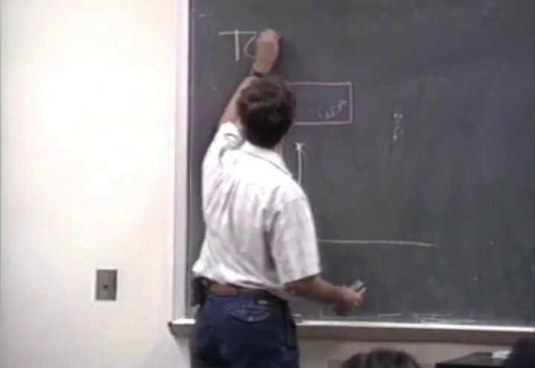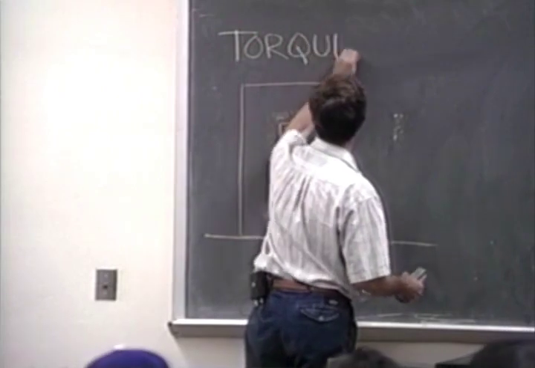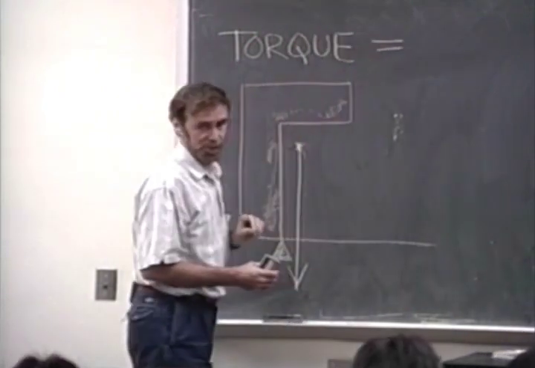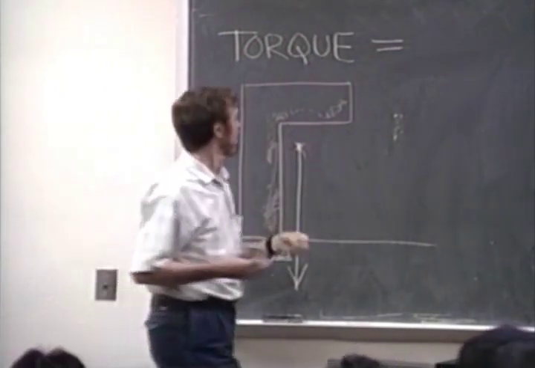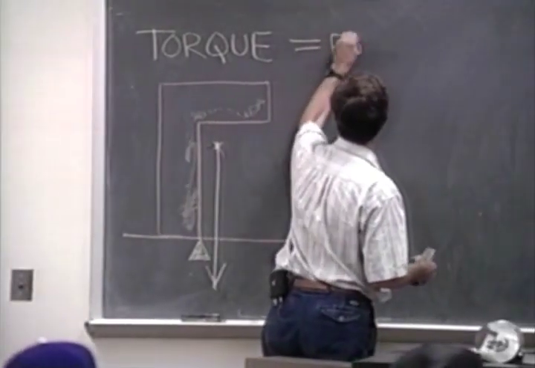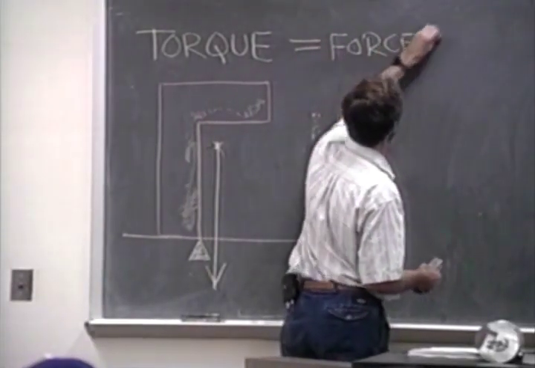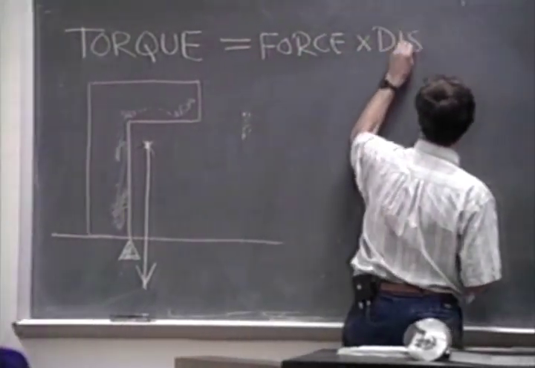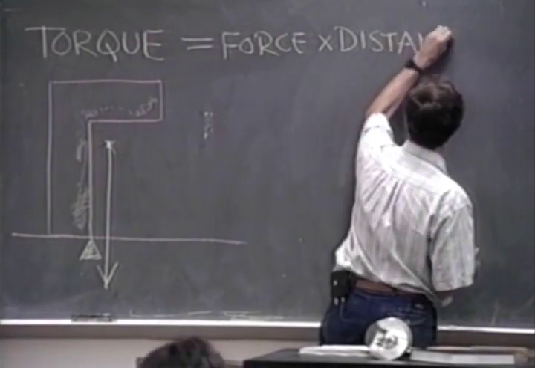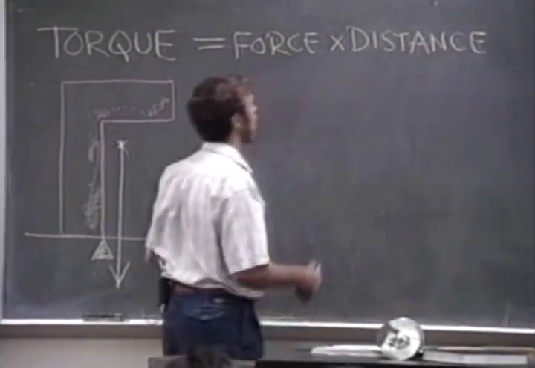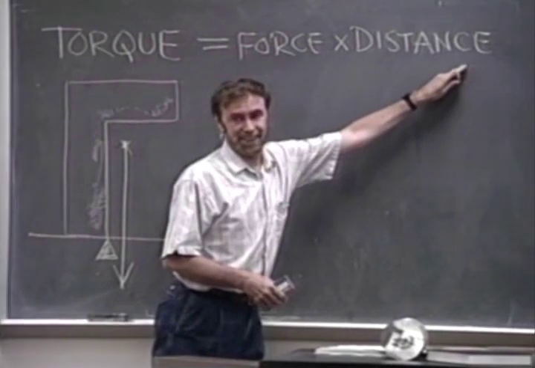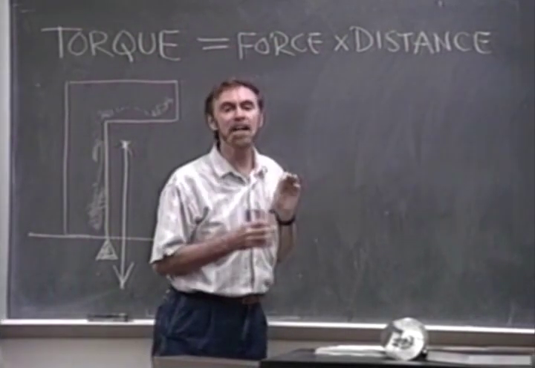Definition. Torque equals, definition time, gang: torque equals force times distance. What distance? It turns out the lever distance.